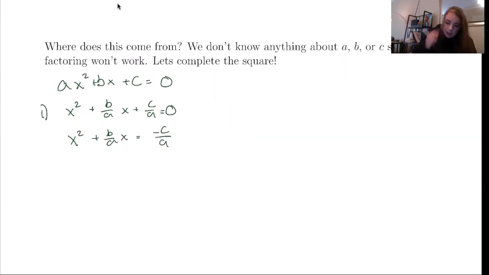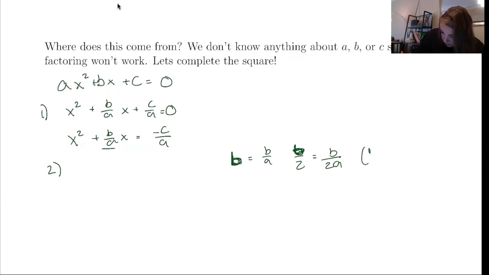Step 2 says I need to add half of this, squared. So let's call this bold B equals b over a. Bold B over 2 equals b over 2a, and I'm just trying not to have two b's.